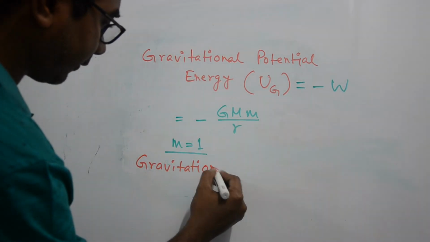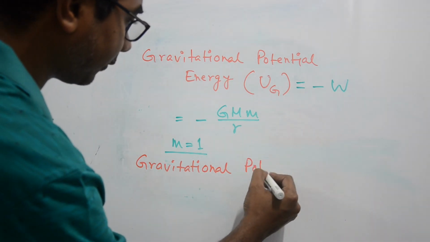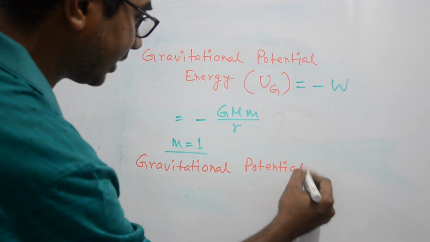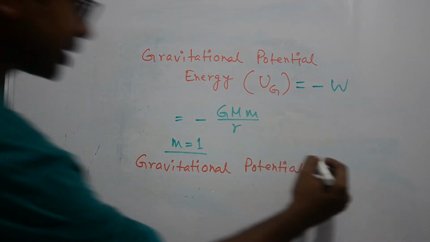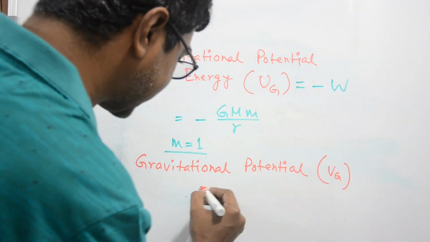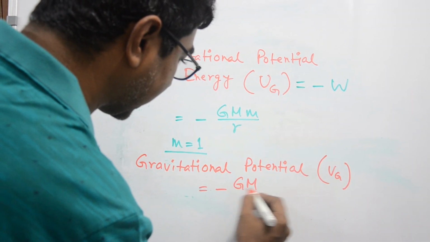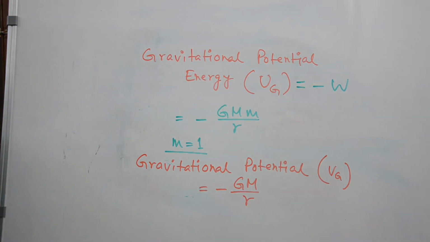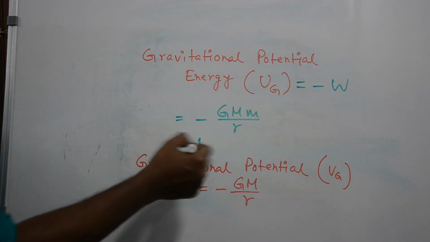So for a point mass of magnitude capital M, the gravitational potential is calculated as minus GM by r, as simple as that, because we just put small m equal to 1.